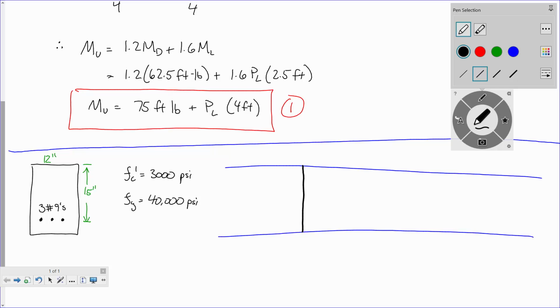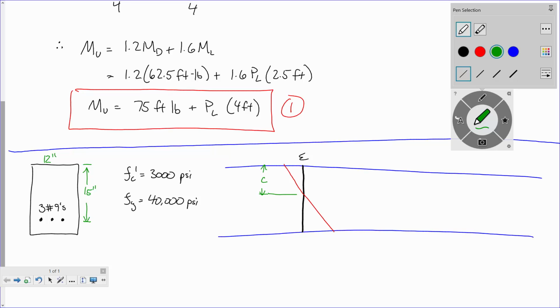So if I were to look at my strain profile, it's going to look something about like this, right? A linear strain profile. We defined this distance as the neutral axis distance c from the top to the neutral axis.